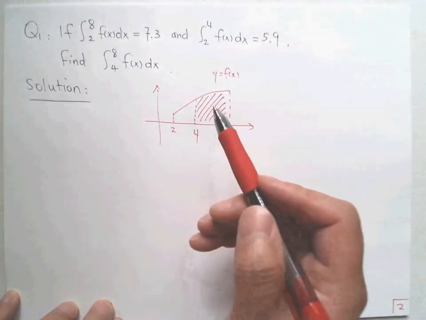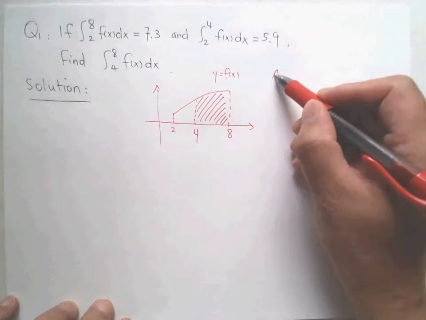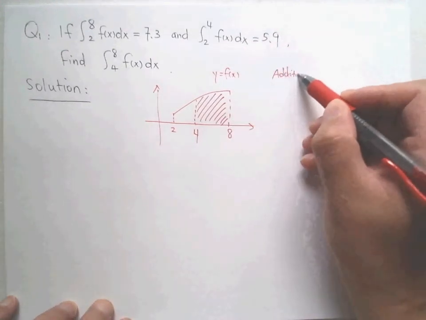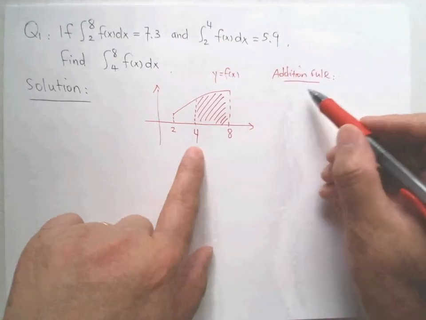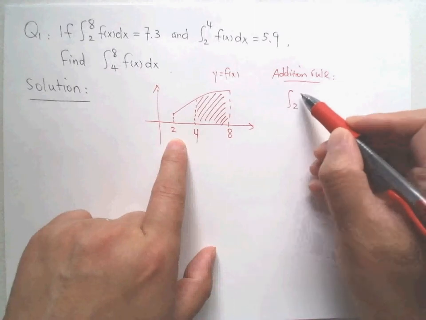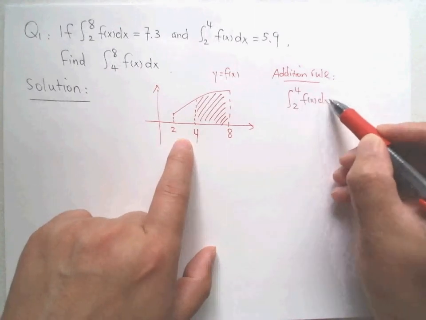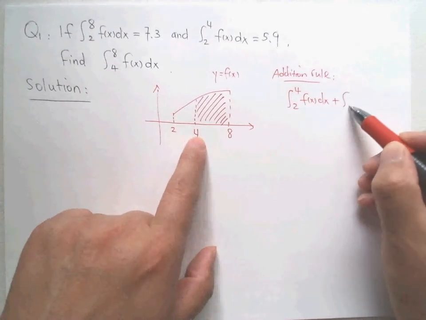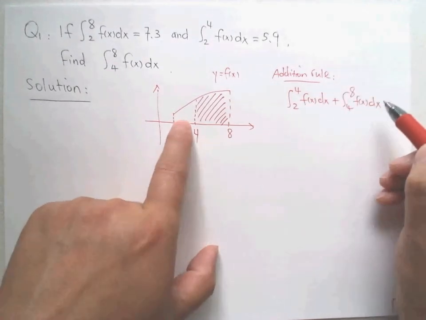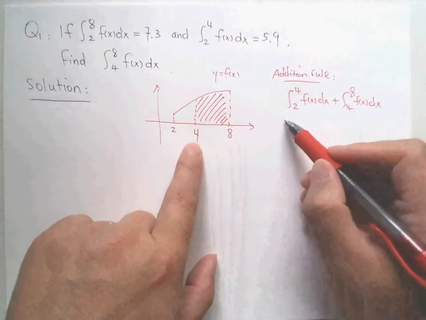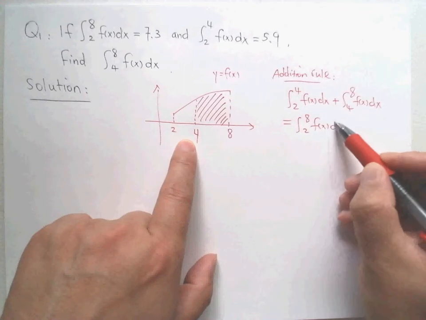See, we can definitely use the addition rule. If I write it here, this is the addition rule we can use. Remember the addition property: the integral from 2 to 4 of f(x) dx plus the integral from 4 to 8 of f(x) dx, the total, equals the integral from 2 to 8 of f(x) dx.